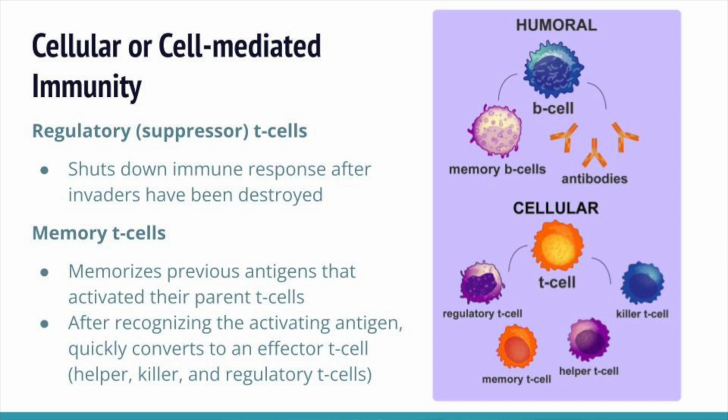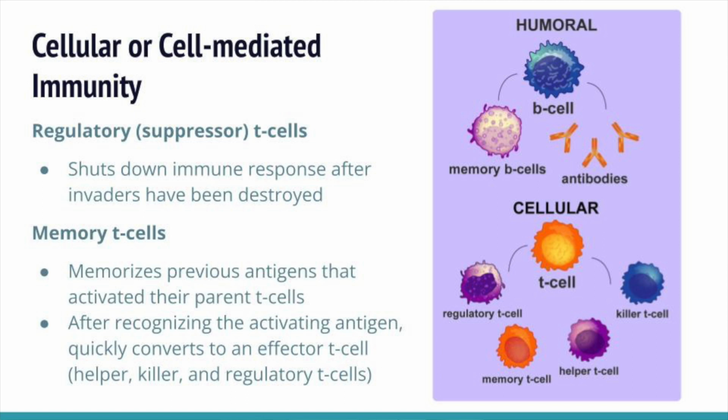Whatever it was that caused that T cell to make these cells, including the memory cell, that memory cell, which is the child, is going to remember. It's kind of like, hey, my dad was faced with this antigen, so I've got to remember what it is, and I've got to be on the lookout for it the rest of my life.